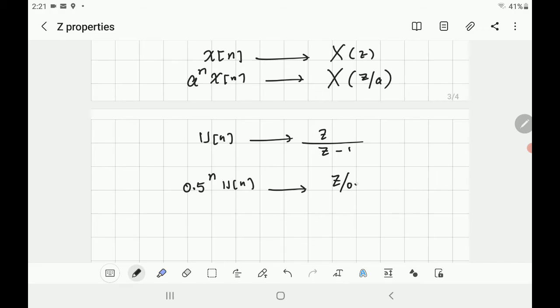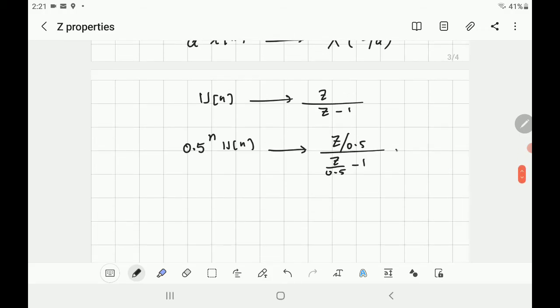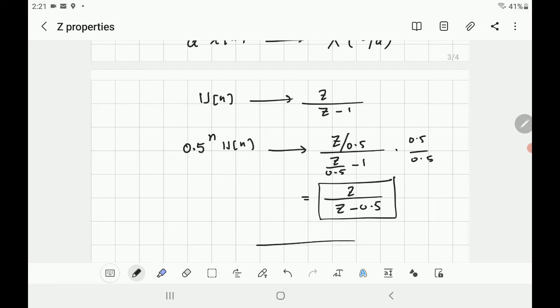So z by 0.5 over z by 0.5 minus 1. And simplified, multiply it by 0.5 up and down. So you'll have z over z minus 0.5. Actually, it's simple. Very similar to the step z over z minus 1, but this one is z over z minus a, the constant. And it's a very useful formula. You're going to use it a lot.